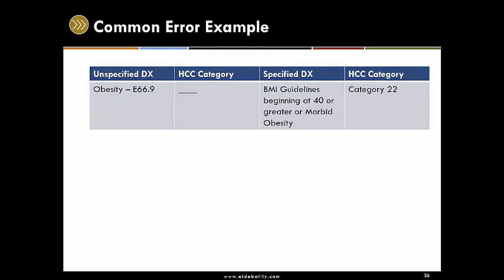Another one is obesity. Under HCC category 22, if you have a BMI of 40 or greater, that's an HCC score. Or if documented as morbid obesity, that also has an HCC score.